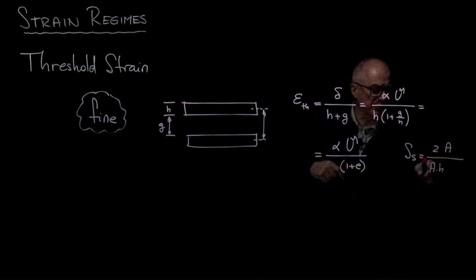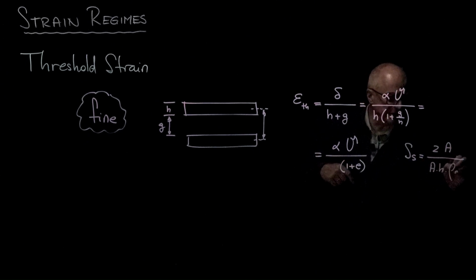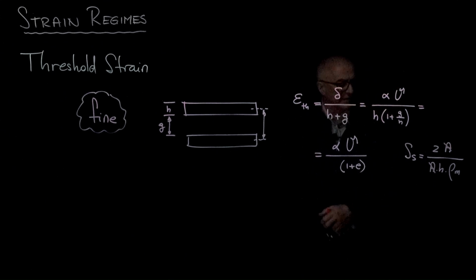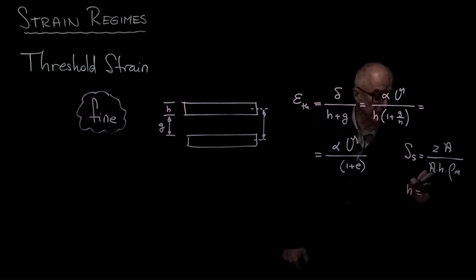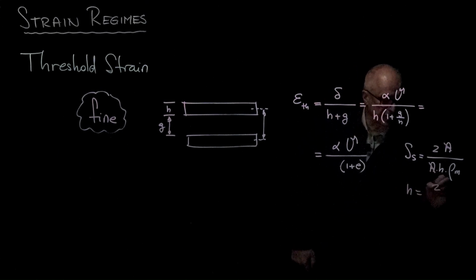That's the volume of the particle times rho mineral. That gives me the mass, so area over mass. Now area cancels out, and the specific surface is equal to 2 over h rho m. Therefore, h is equal to 2 over the specific surface times the rho mineral.